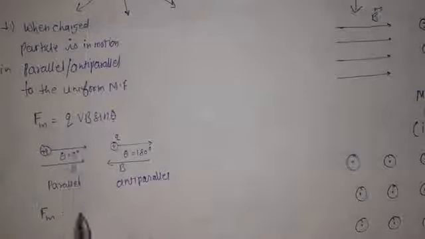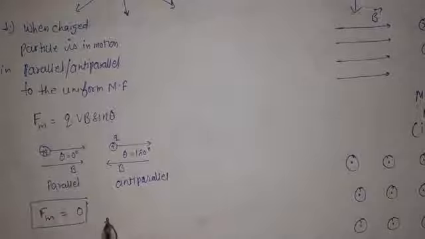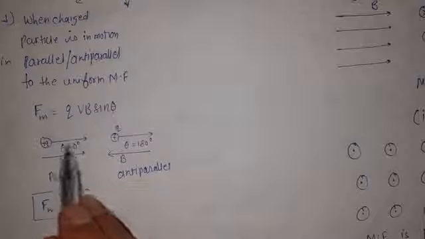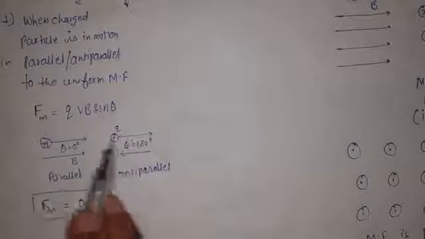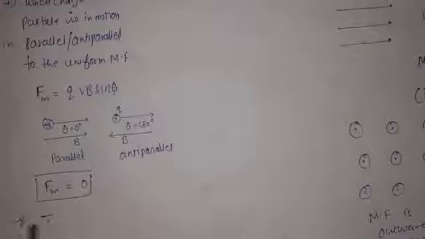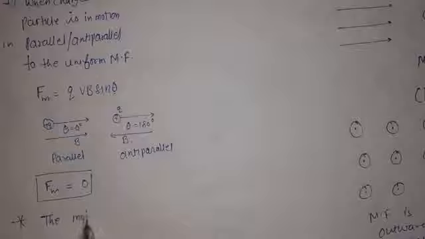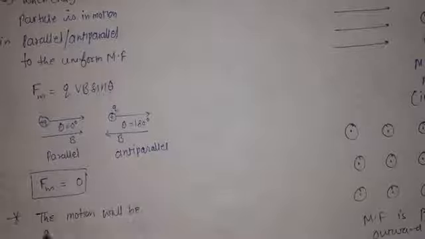It is 0, thus the force is 0. So there is no force exerted by the magnetic field on the moving charge. There is no force, which means it will continue to move on a straight path. Therefore we add here that the motion will be along a straight path.